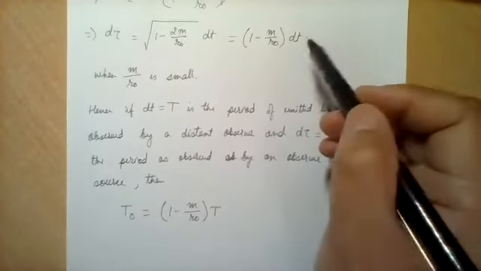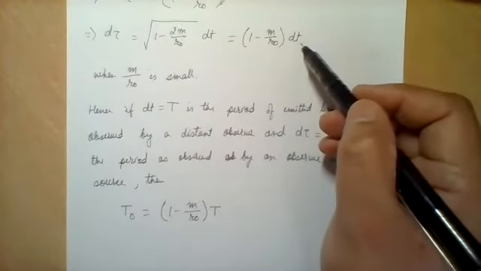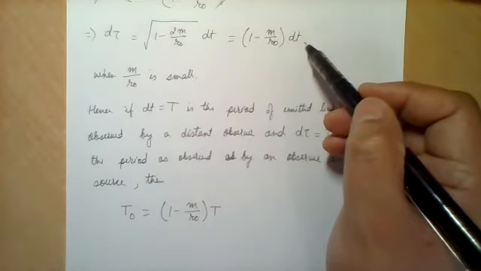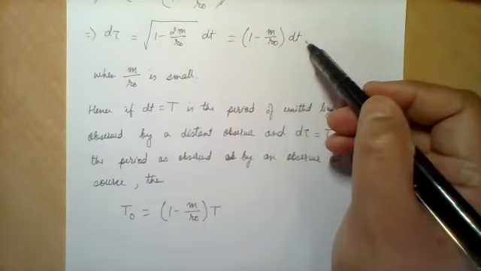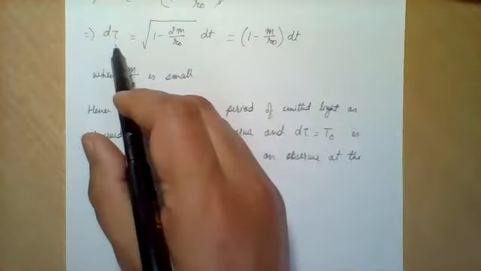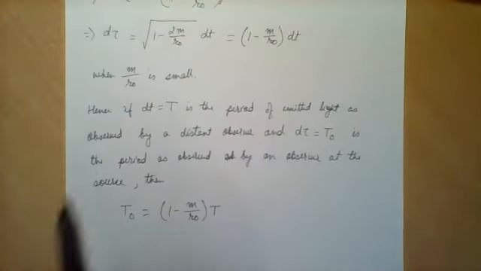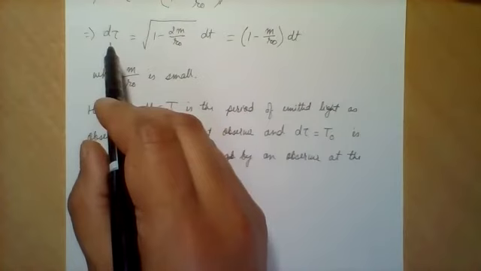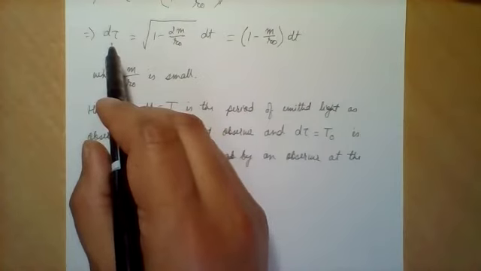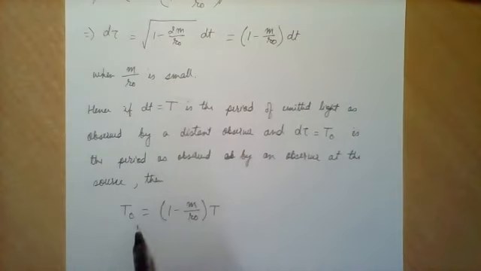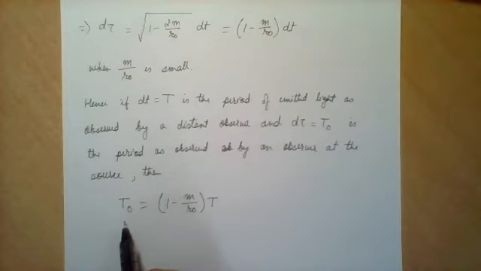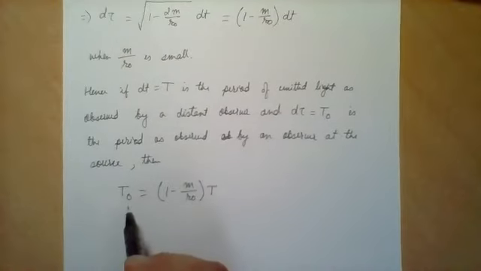As I said earlier, this dt is the time interval measured by an observer who is very far away from the source, and this d tau is the time interval measured by an observer near the source, near the atom, and this observer is at rest relative to the atom. The time period is the inverse of the frequency.